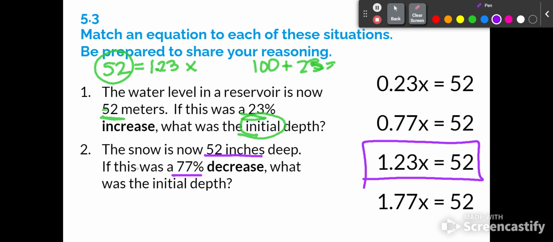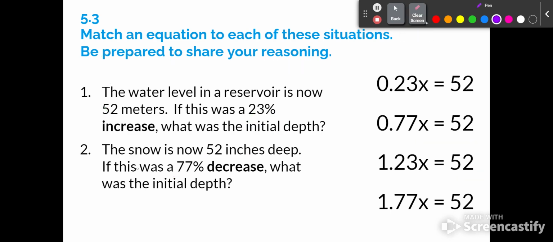Pause, stop, rewind, start over. Lo siento. This is the increase. So 52 is equal to, oh yeah, no, that's right. Okay, no, I was right. Sorry. I don't know what I'm thinking. I was right.